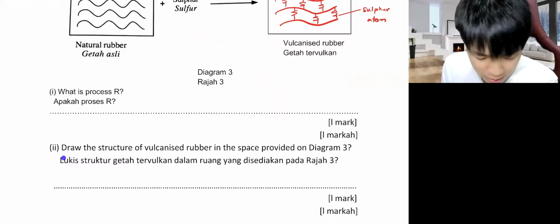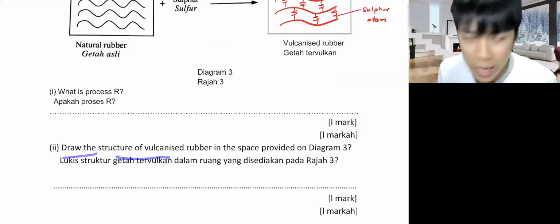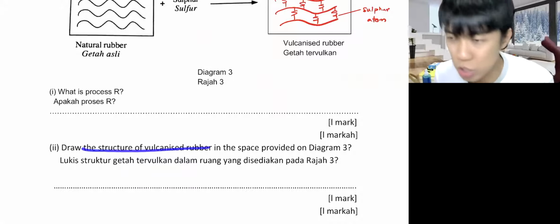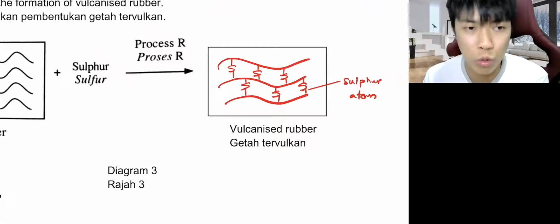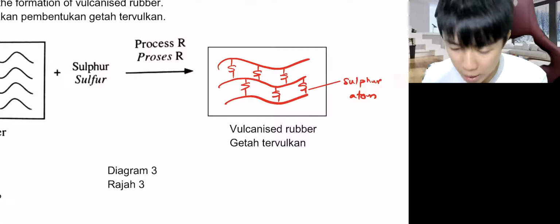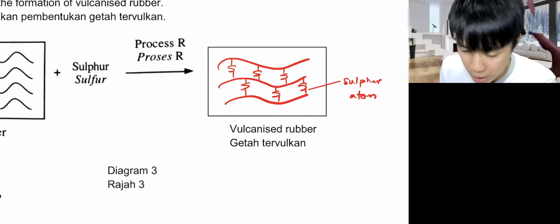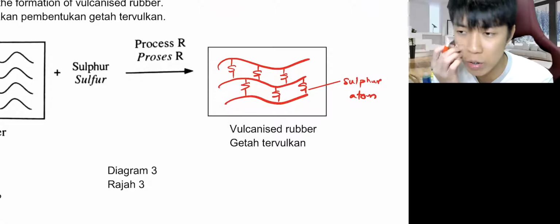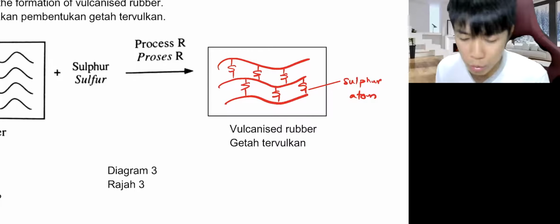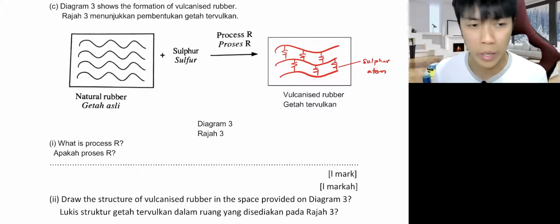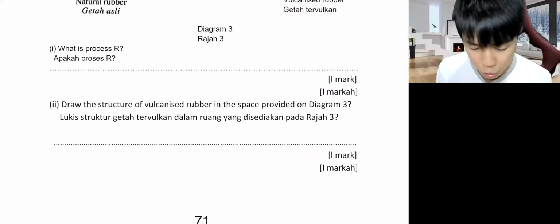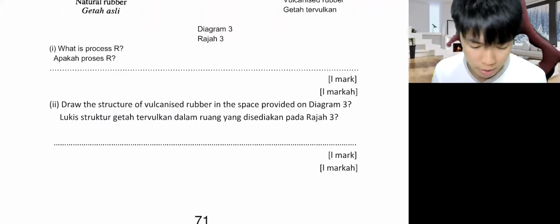No matter they say draw and label or just draw the structure, I would always ask all of you to label what you are drawing. Not everything. The main point here is to add the sulfur atom, so label the sulfur atom. Don't have to label everything else. No matter they say draw or label or not, do the same thing.